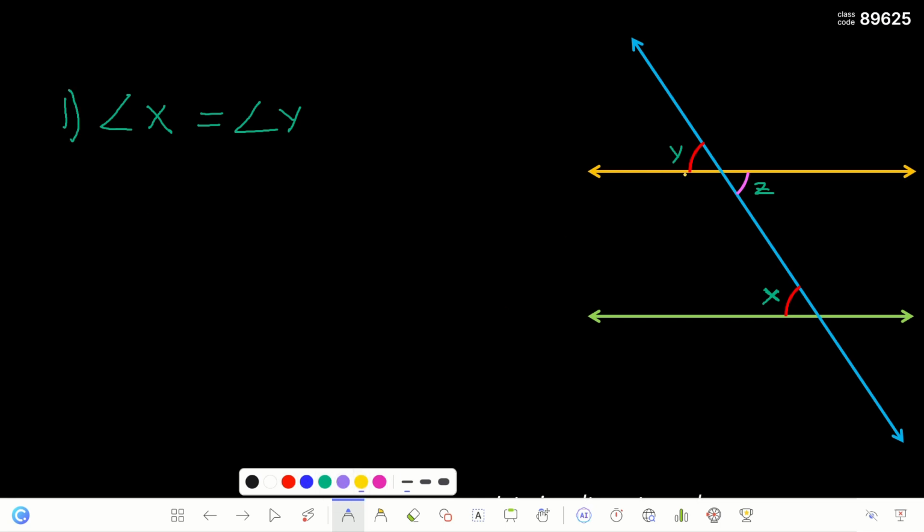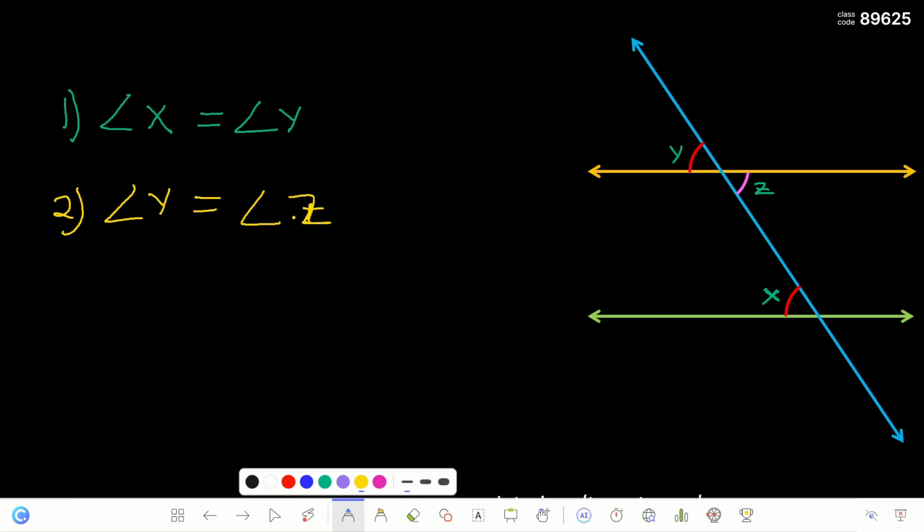Secondly, I can also establish that this red angle right here and this purple angle are vertically opposite angles. You have two lines intersecting at a point, and the angles are vertically opposite angles. Therefore, the second thing that I can establish is that angle y is equal to angle z.